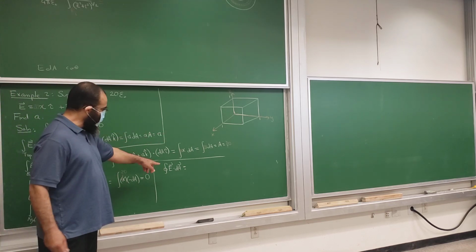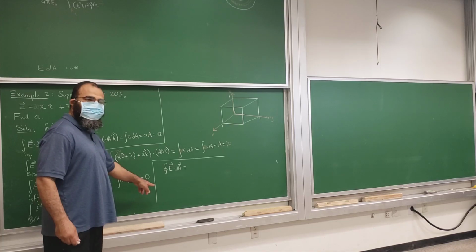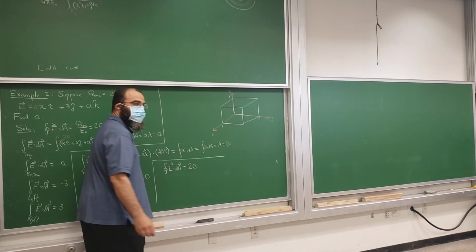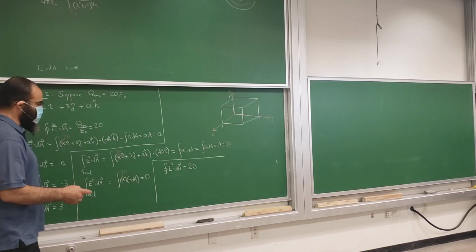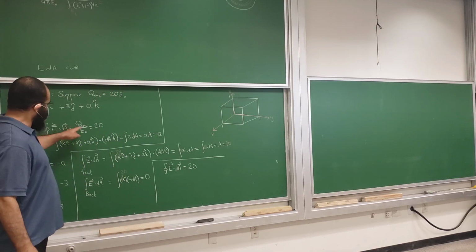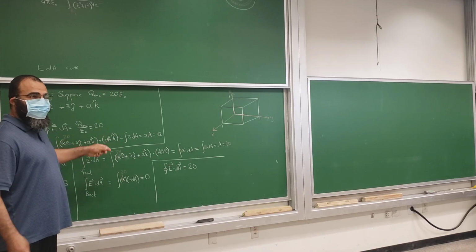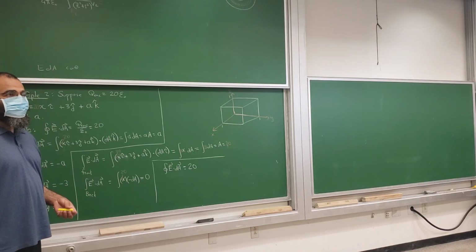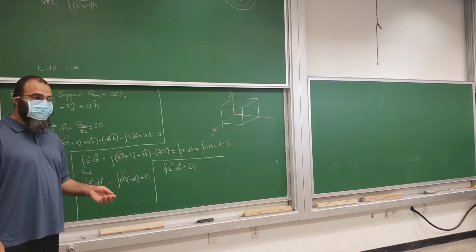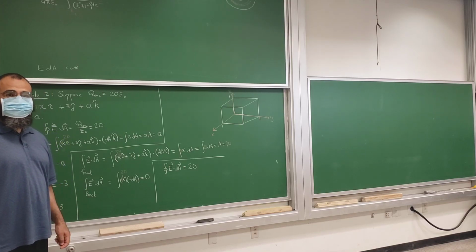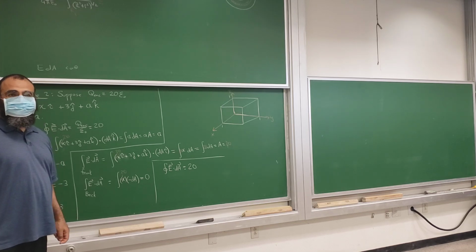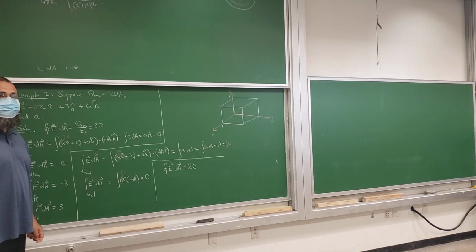And then plus 20 plus 0, so you get 20 newton meters squared per coulomb. And 20 is equal to 20, so it works out. So what should a be? It could be anything. So little a doesn't matter. It could be 1, it could be 7.